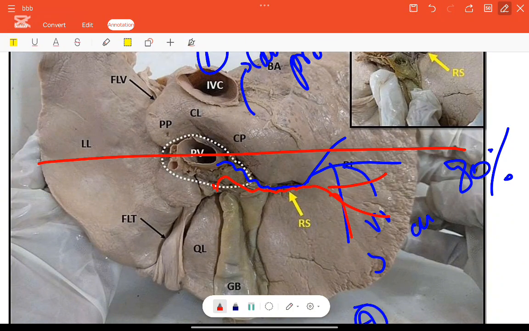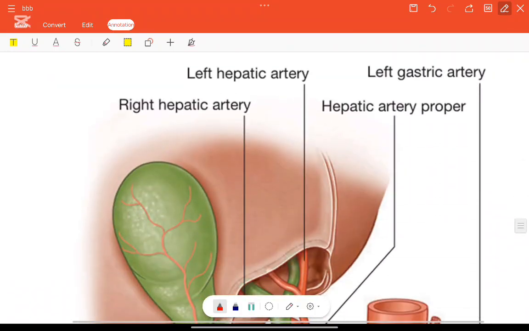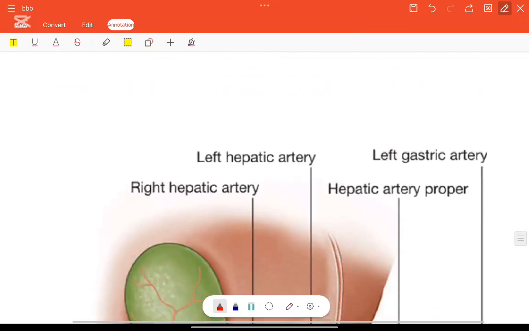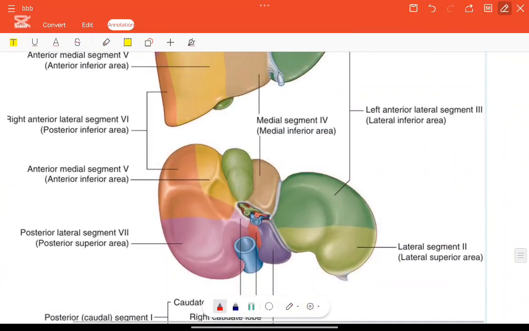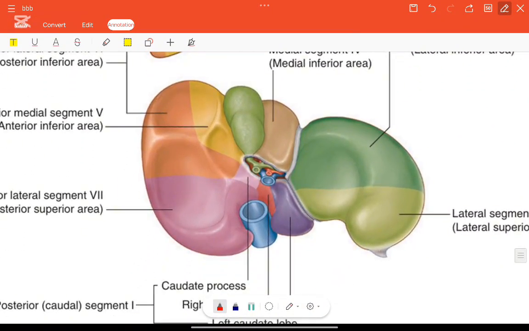But I want to talk about the functional liver. Functionally, the liver is divided into two hemilivers. That's the visceral surface of the liver. As we know, that's the left lobe, that's the right lobe, that's the quadrate lobe, that's the caudate lobe. Those are the lobes of the liver that we know about.